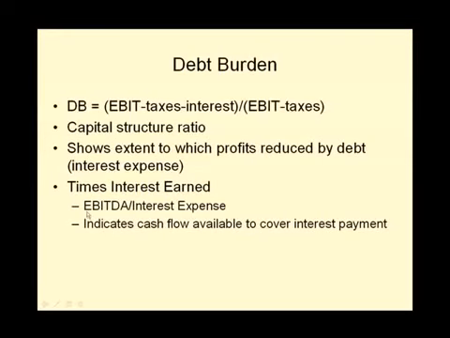The numerator of times interest earned is the cash flow generated by the firm's operations that's available to make the interest payment. And obviously the denominator is the interest payment itself. So the ratio here is the number of times the firm generates cash sufficient to cover the interest expense.